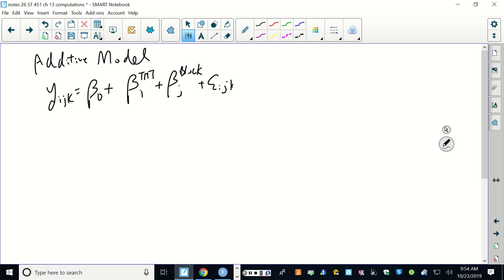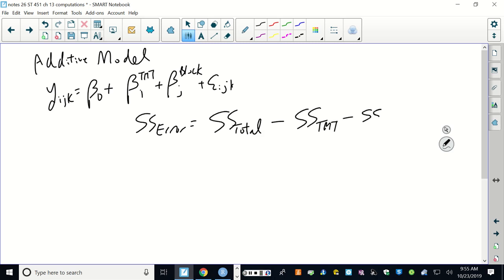There's no interaction in there, so we don't decompose the sum of squares into an interaction piece. The sum of squares error is the sum of squares total minus the sum of squares treatment, minus the sum of squares for block. And so you just calculate it that way.